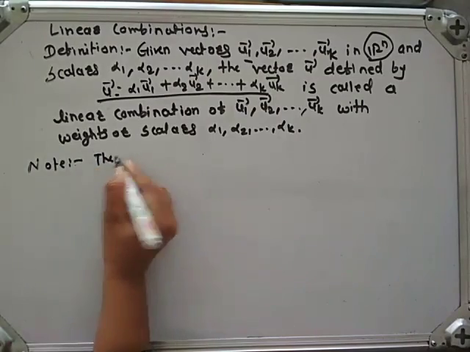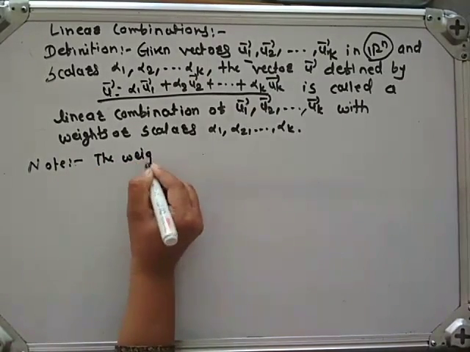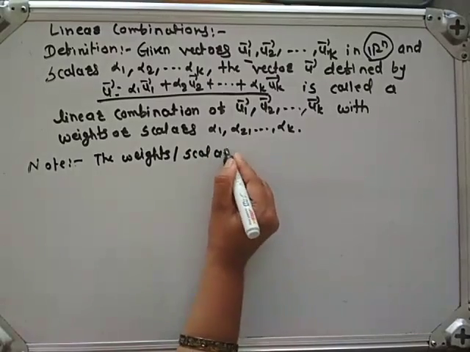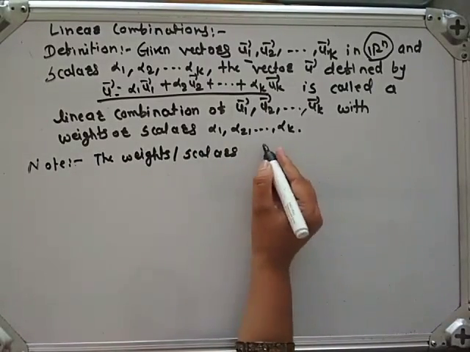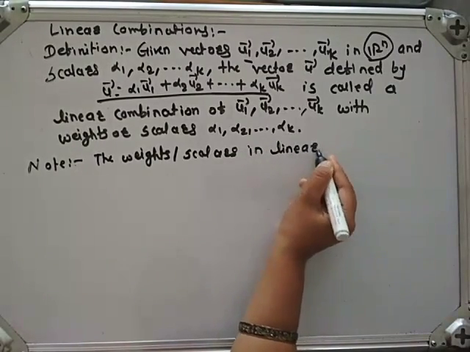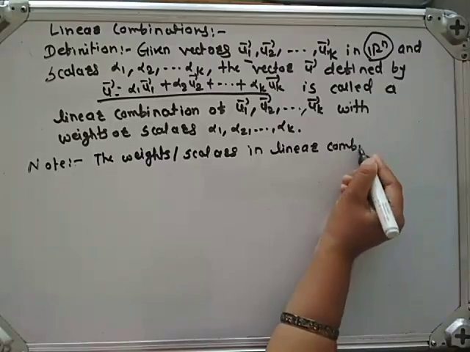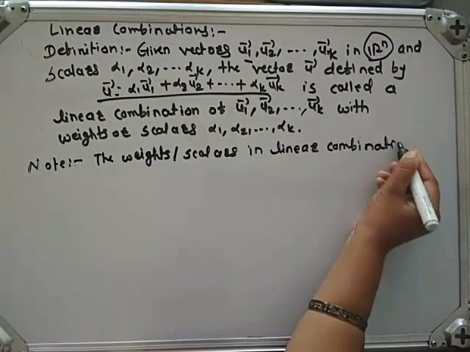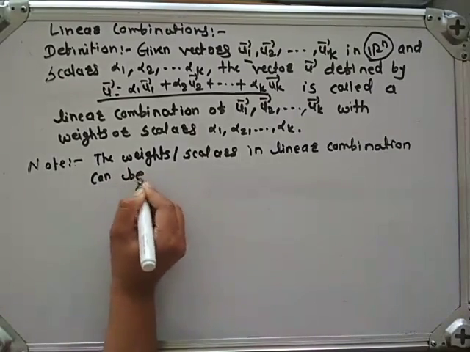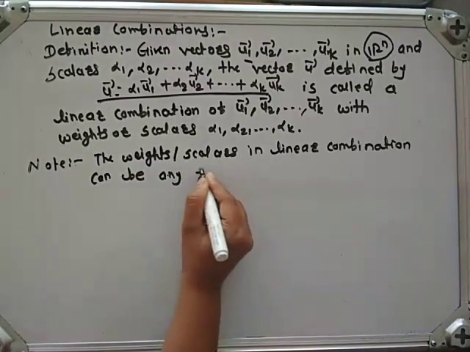Okay. Let us write down one note here. The weight or scalar in a linear combination can be any real number.